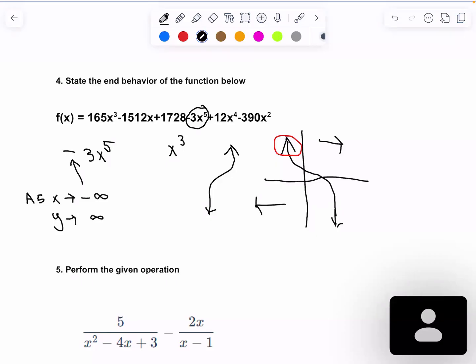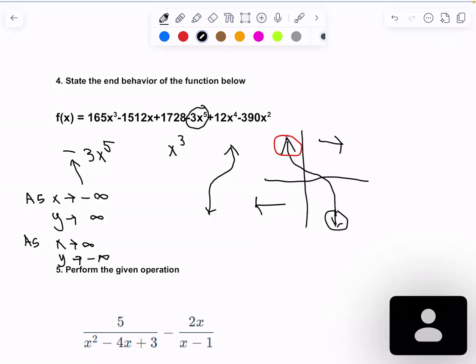Okay, now let's go to the right. So let's focus in on the right part. And we notice the arrow is down on the right, which means as we move in the x direction to the right, those are bigger values of x, y actually gets smaller. Okay, so those are our end behaviors.